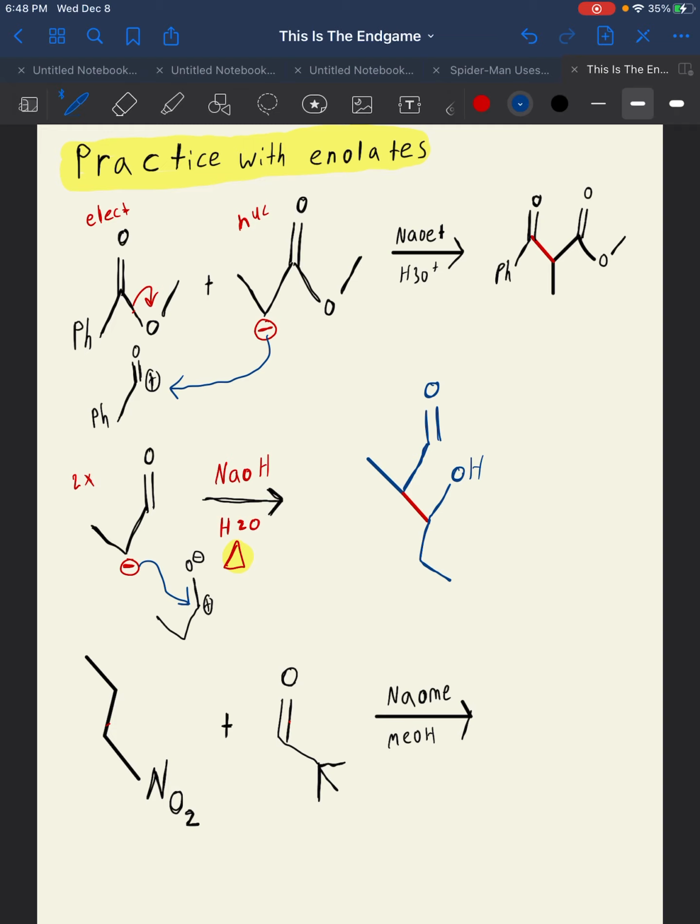However, since heat is present, we can form the aldol condensation product. This can get kicked out, giving you your overall product, which would look like this.